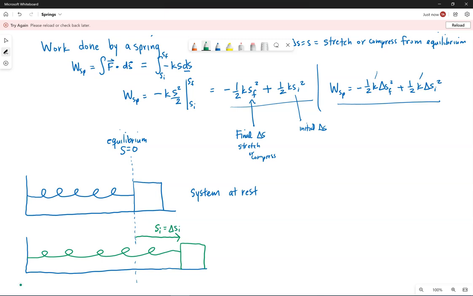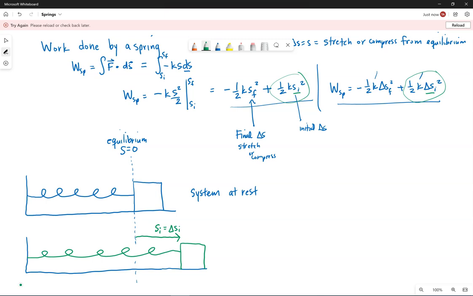I will have stretched the spring, and therefore I now have an initial stretch. So whether I'm using the equation without delta or with delta, same thing. We're now saying that there is this initial term in either case.